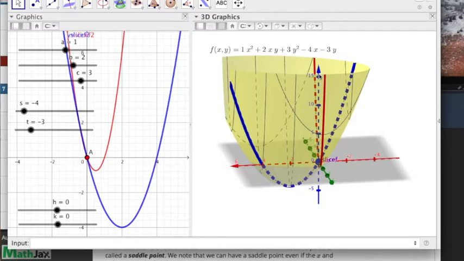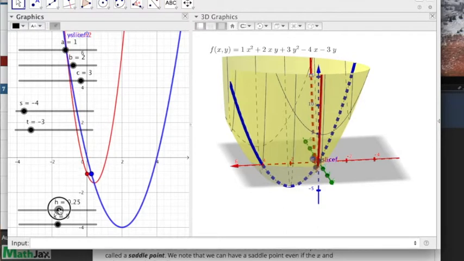The red curve says I let x be 0, the blue curve says I let y be 0, and I look at the two functions. As I can see, that can't possibly be the minimum. There's clearly a minimum on this function. That can't be it, because if I slice in either the x direction or the y direction, I don't have a minimum in one direction, let alone two.